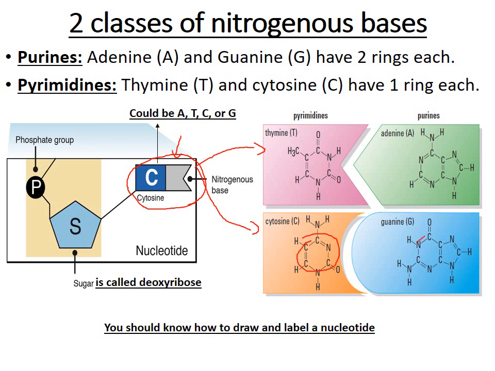But for G, guanine, there are 2 rings. These are rings. For thymine, there's 1 ring. For adenine, there are 2 rings. So if you have a nitrogenous base with 2 rings, you call it a purine. If you have a nitrogenous base with 1 ring, you call it a pyrimidine. So A and G are your purines, T and C are your pyrimidines.